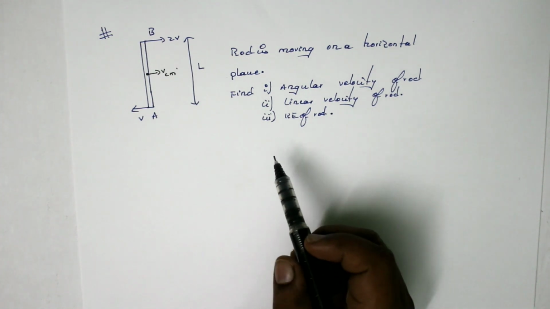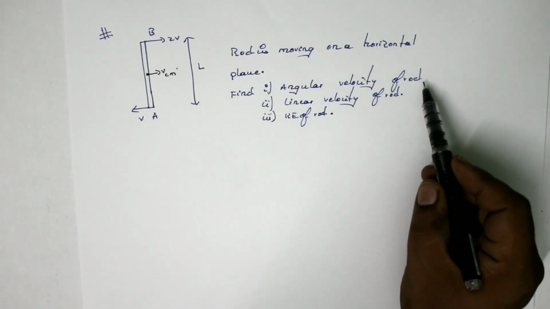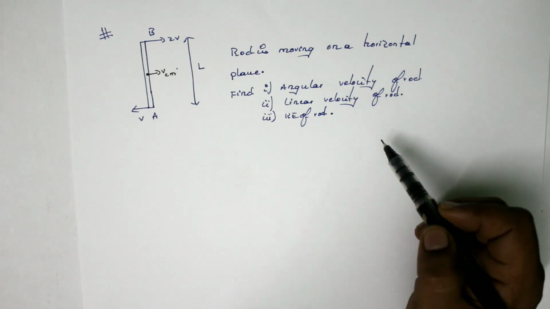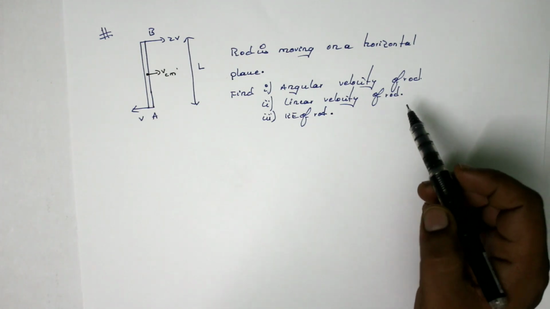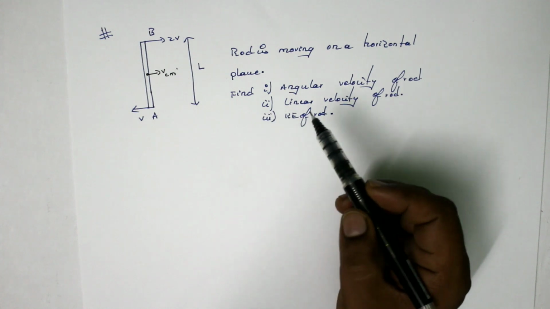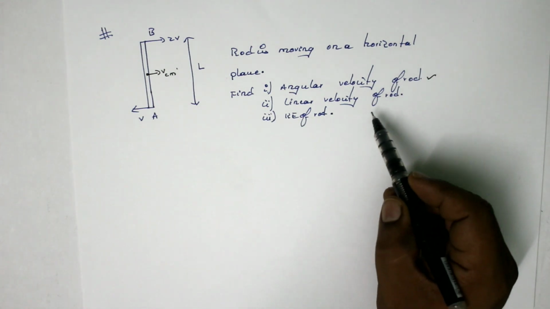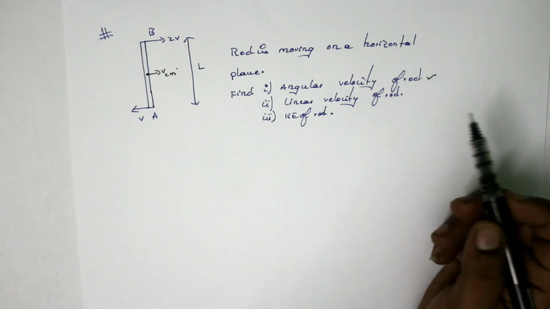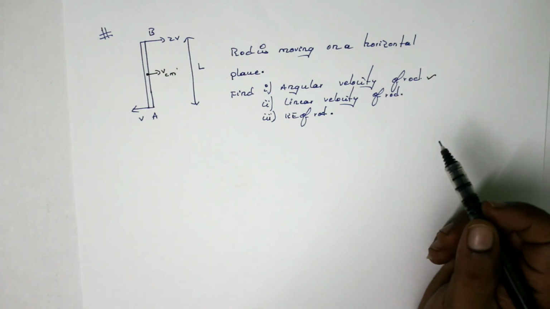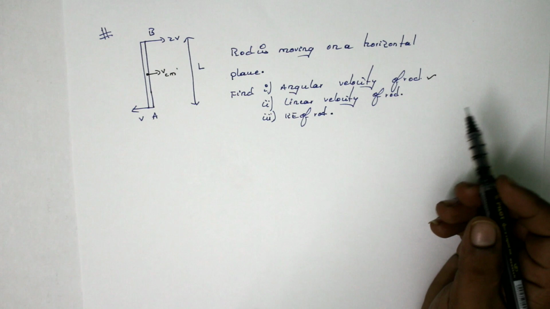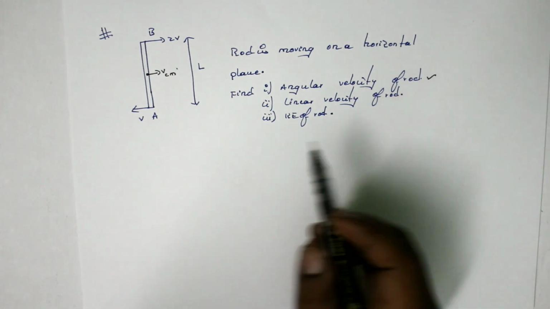Now how can I calculate these quantities: angular velocity, linear velocity and kinetic energy of this rod? Here we have two unknown quantities. Angular velocity of the rod is an unknown quantity. Linear velocity of the rod is also an unknown quantity. So therefore we will write two equations, because two unknown quantities are present.